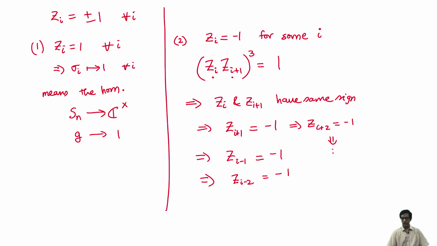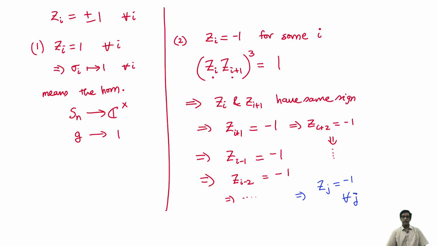So you keep going forward, and on the other hand, you keep going backward. This argument says, as soon as one of the Zi's is minus 1, everybody after it is minus 1, and everybody before it is minus 1. So this finally implies that Zj has to be minus 1 for all j.